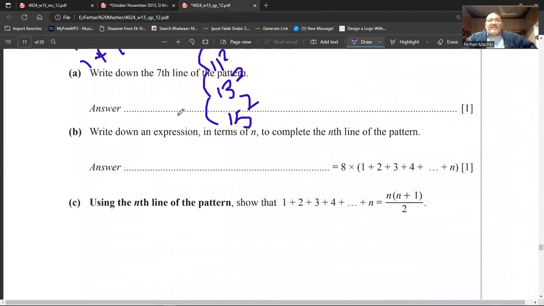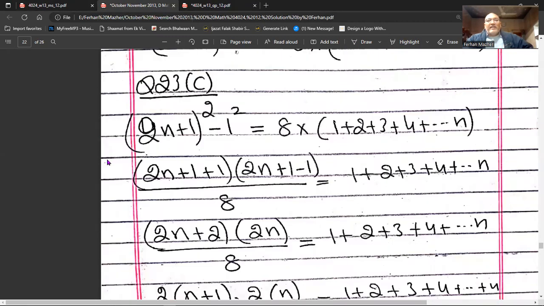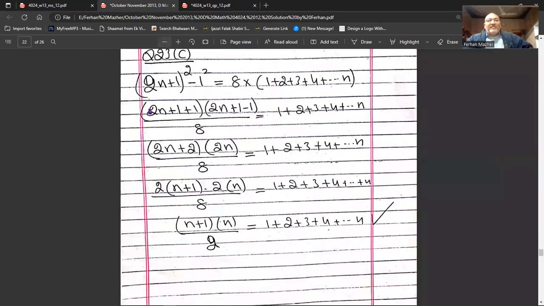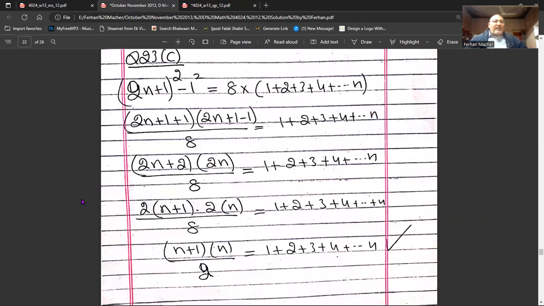Then in the C part, he says, use the nth line of the pattern to show that you can get this thing. Let me show you. Here we go. So you have 2n plus 1 whole square minus 1 square equals this thing. This 8 will come to the other side. These are 2 perfect squares, so you can apply the formula a square minus b square equals a plus b into a minus b.